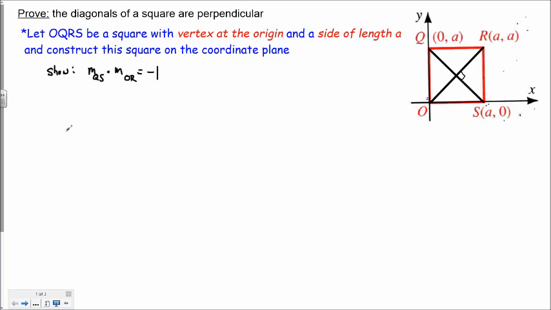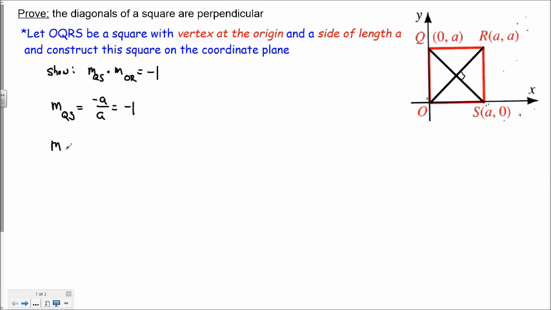In order to do that, I'm going to calculate those slopes. The slope of QS: the change in y from Q to S is down A units, that's -A, and over from Q to S is A units, so that would be -1.